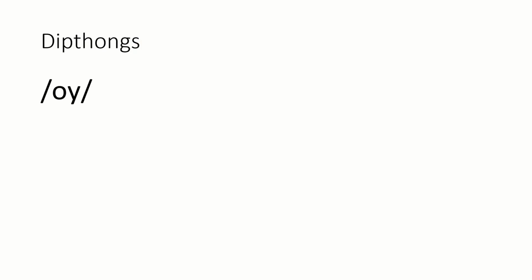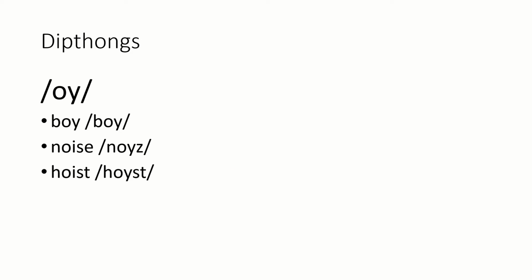Now, let's use these diphthongs in some examples so that we can understand this better. So the diphthong oi, you have sounds like boy, like noise, and like hoist. Usually the diphthong oi is spelled with oy or oi, and it's just transcribed like this.